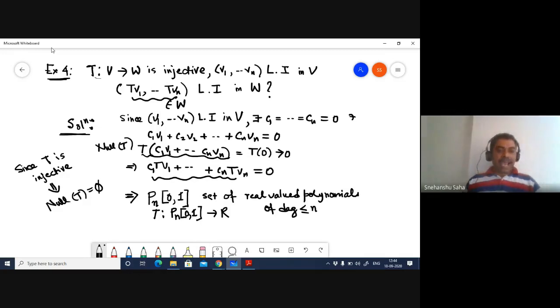And the linear transformation is a strange one. It is defined in this manner: an integral from 0 to 1 of e to the x.